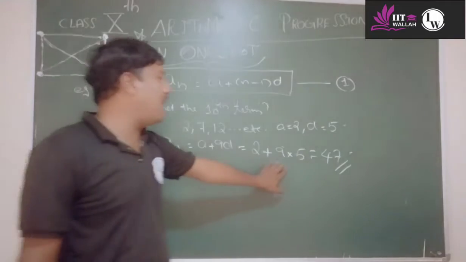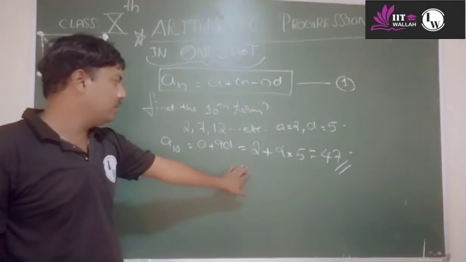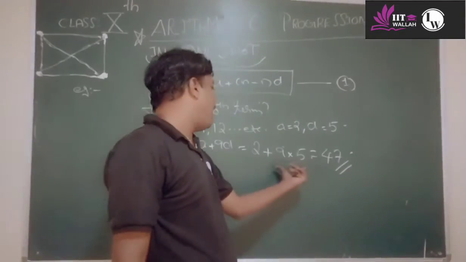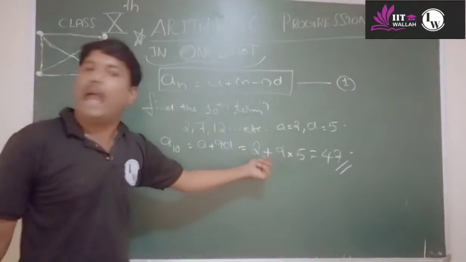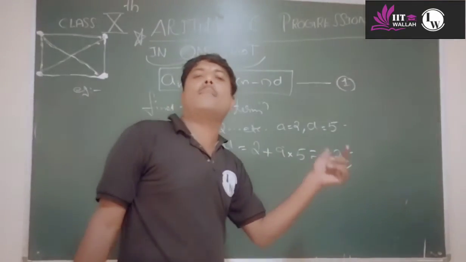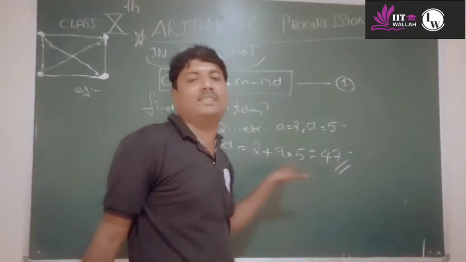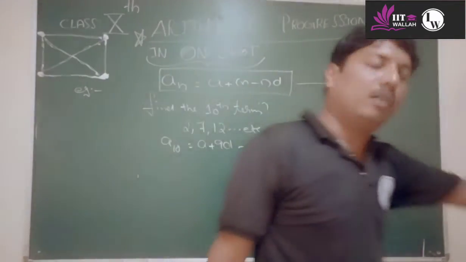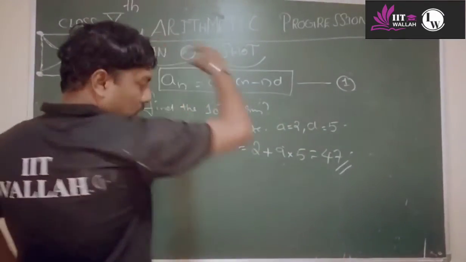When you are doing calculations, you should be very careful. You cannot add first and multiply. You have to multiply first and then add. You have to follow the BODMAS rule whenever you are doing calculations like this. All of you know that rule, I hope.